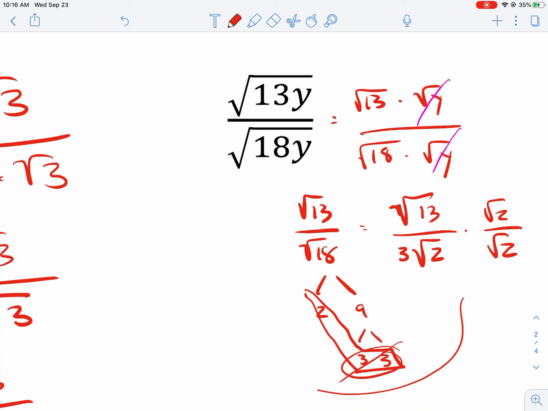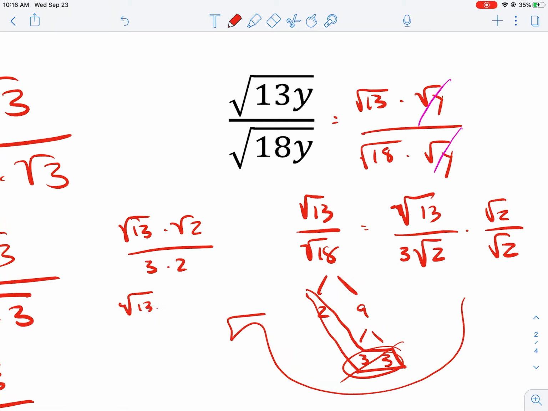Square root of 13 times square root of 2 over 3 times 2, which is square root of 13 times 2 under the radical, and the bottom is 6. 13 times 2 is 26. So we get square root of 26 over 6, and that is simplified as far as it goes.